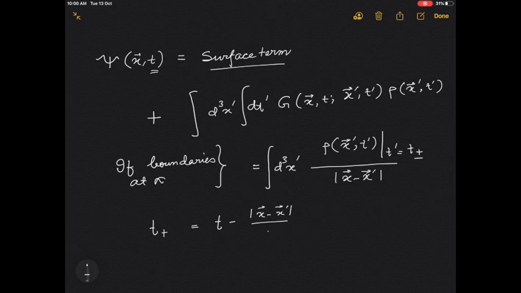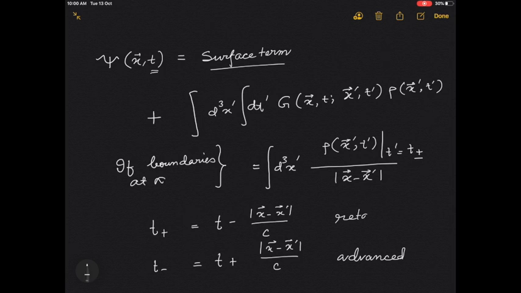Remember that the left hand side is a function of t, so it should be given by t minus x prime by c, and t minus is given by, so this is called advanced solution and this is called retarded solution.